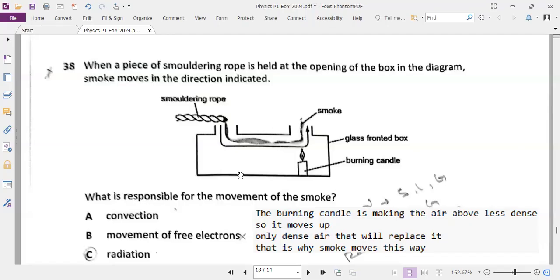If you heat something from the bottom, then the air or liquid at the bottom will become less dense and will move up. So remember this tricky thing: if you heat something from the top, the convection will not take place from the bottom. It will take place only at the top. That's what is happening here.